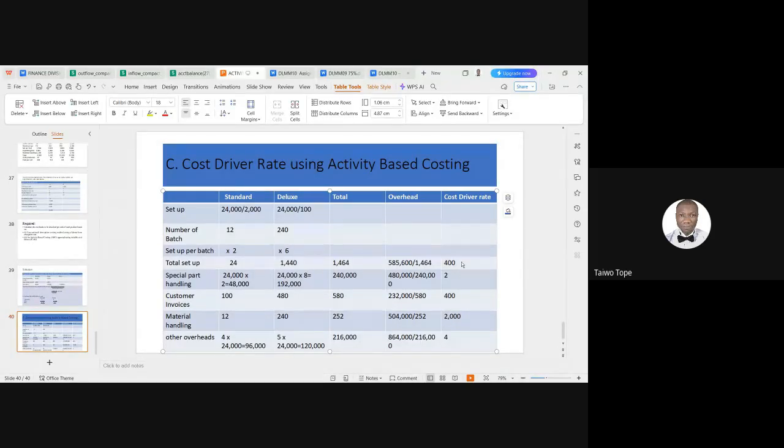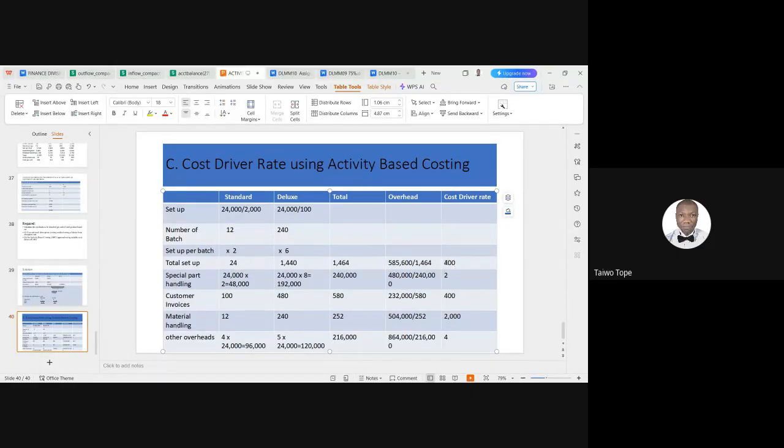So, relating this to the total number of setups for standard, what would be the total? If you are incurring 400 on 1 setup and you have 24 setups for standard, how much will you incur for standard?